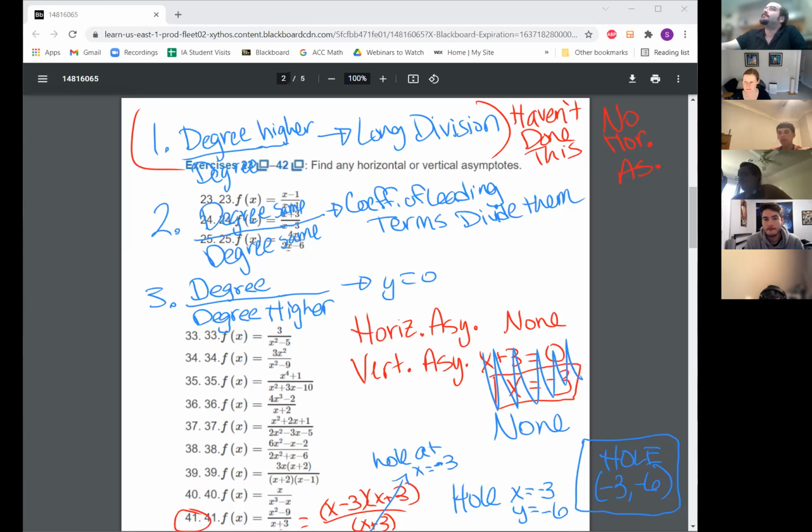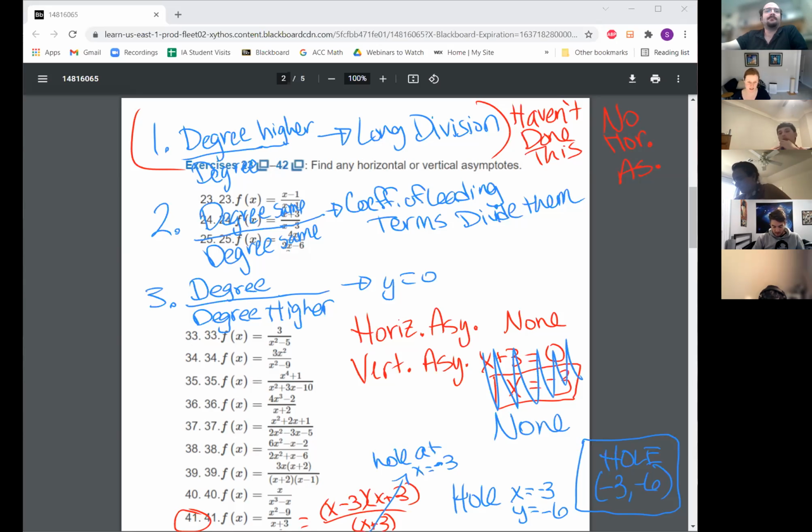You mean if we're going to have the same equation, you want us to write no vertical, no horizontal, or a hole? Well, that's why I was asking Professor Sievers, because if you don't find the hole and you just straight up do the rule for vertical and horizontal, you wouldn't realize that was a hole.